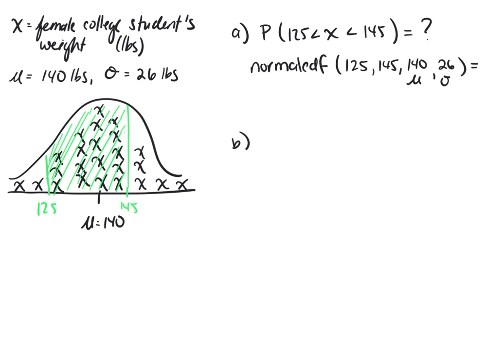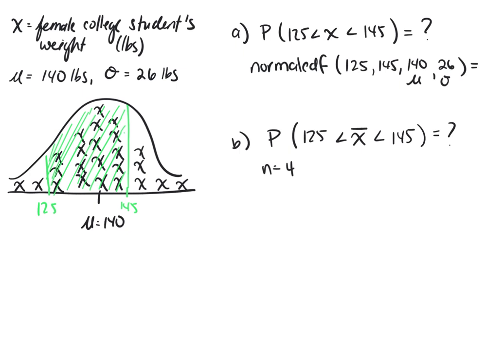In a question like B, now we're asking ourselves, what is the probability that if I randomly select, let's say, 4 college students, what if I randomly select 4 X's, what's the probability that the average, so X bar, the average of those 4 weights, is between 125 and 145 pounds? Can you see the difference between a question like A versus a question like B?